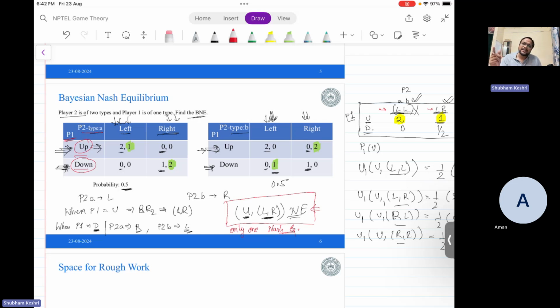I will play such an action that my overall expected utility is maximized. So this is the whole idea of this Bayesian Nash equilibrium. And by the way, this is not just Nash equilibrium, it is Bayesian Nash equilibrium.